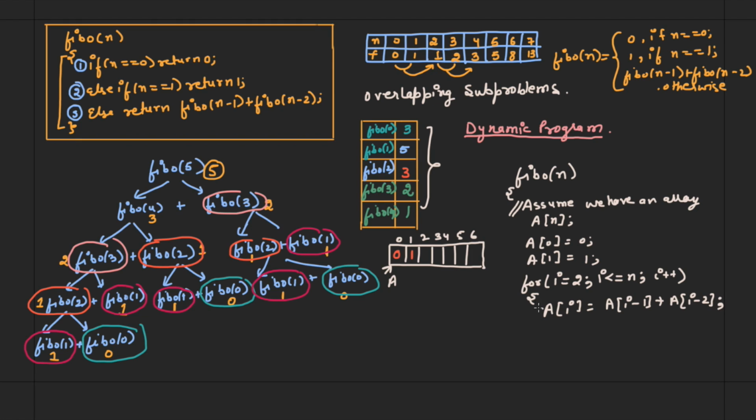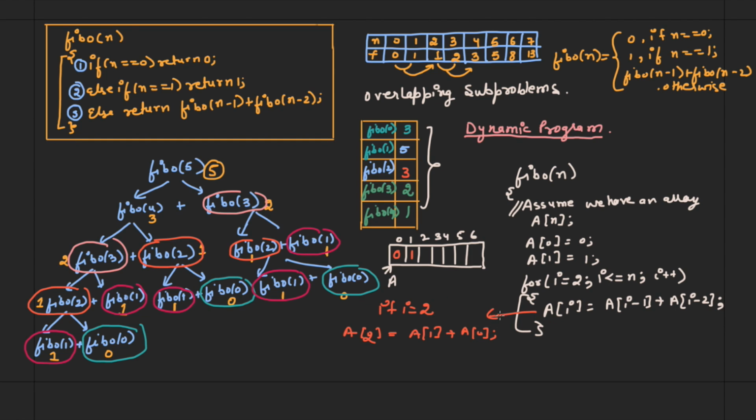That means if the value of i is 2, this statement is A of 2 equals A of 1 plus A of 0, which we already calculated. We already stored the values of A of 1 and A of 0.